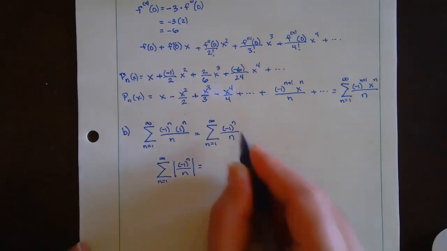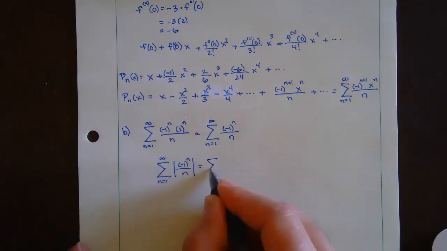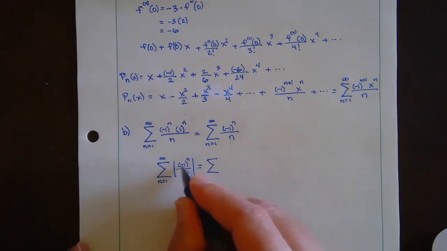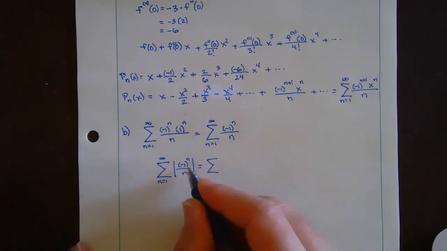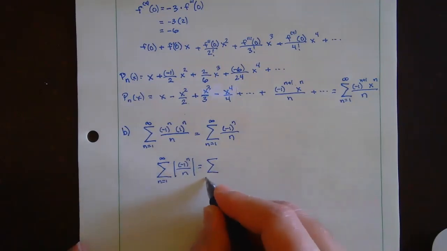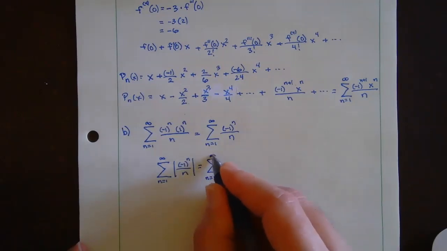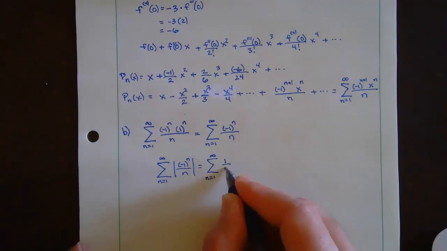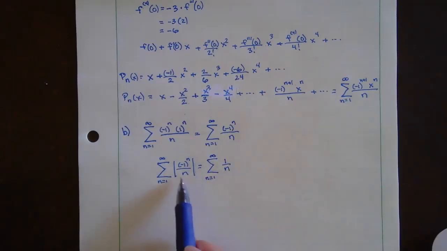When you take the absolute value, -1 to the n is going to be negative or positive, but it becomes positive, right? So this becomes n equals 1 to infinity of just 1 over n without the absolute value, because that n is going to be a positive value, so we don't need the absolute values for this denominator.